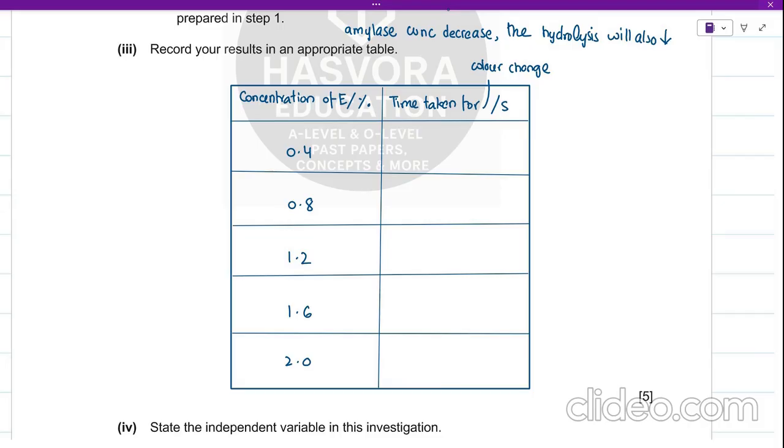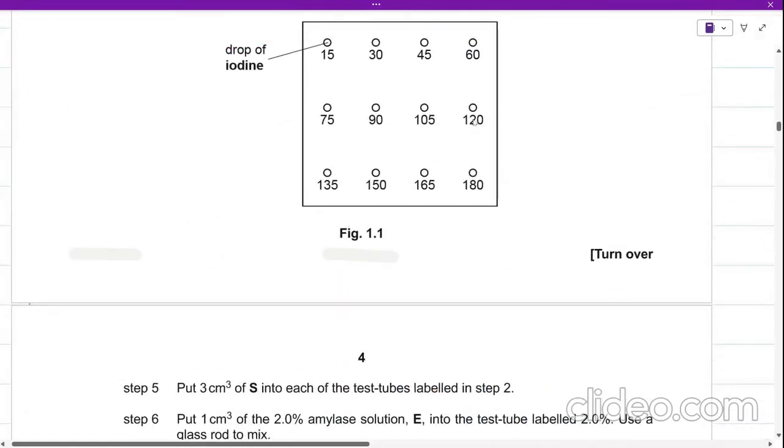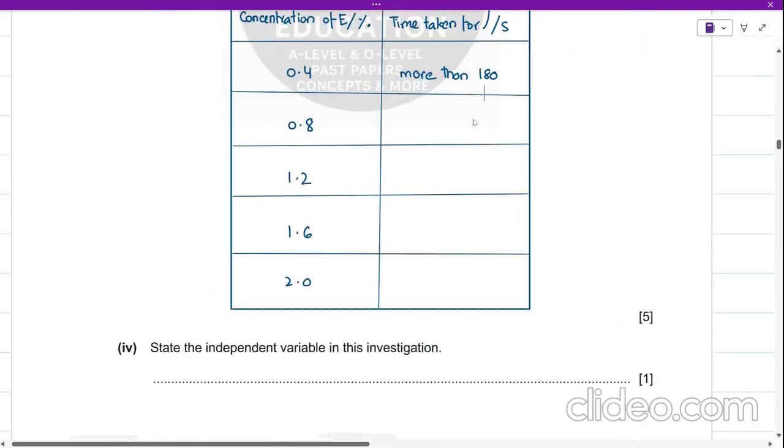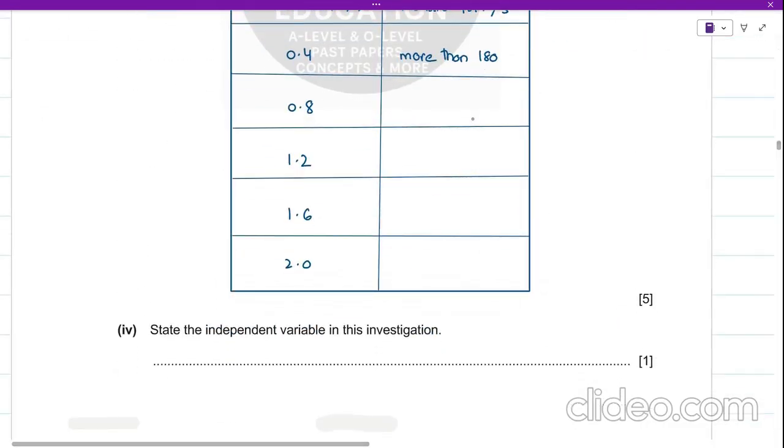So let me just assume that 0.4 will have more than 180, and let's see the time that we are being provided. So we have till 180. So let's just assume 165 for this one, and we'll be decreasing the time taken for the hydrolysis or the color change.